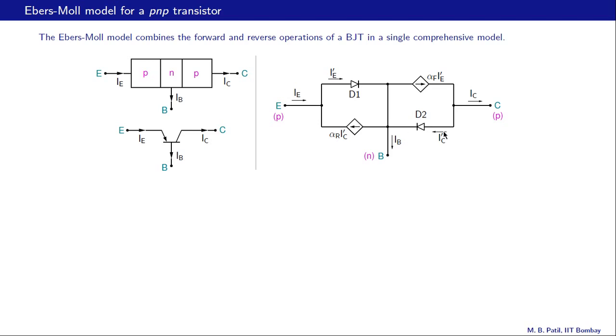So this current is very small. So this branch is as good as an open circuit, and since this current depends on IC prime, this is also an open circuit, and we are left with the diode here and the dependent source here. And in that case, IE and IE prime will be equal. IC and alpha F times IE prime will also be equal, and that is exactly the model we have considered for a BJT in the active mode.